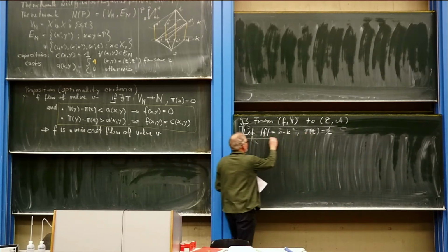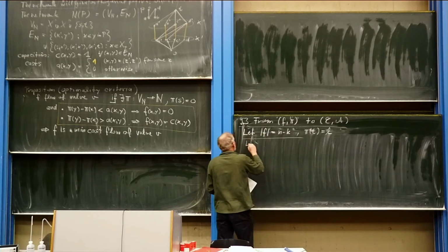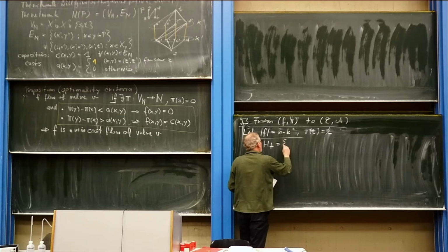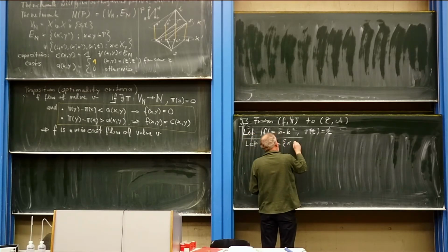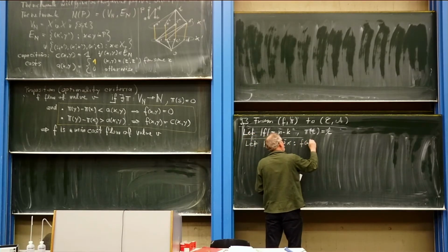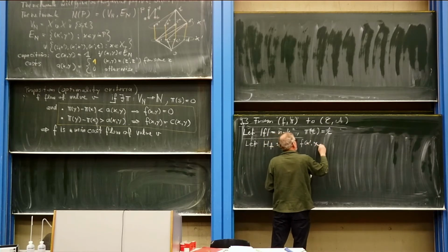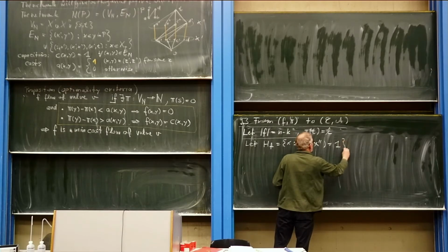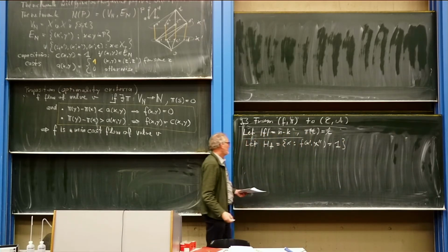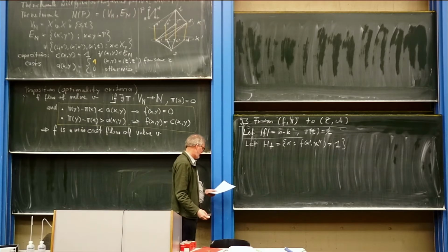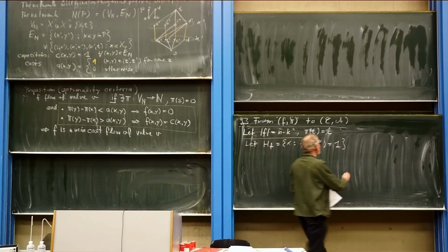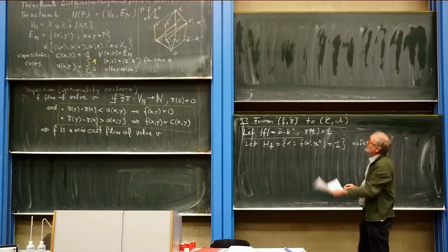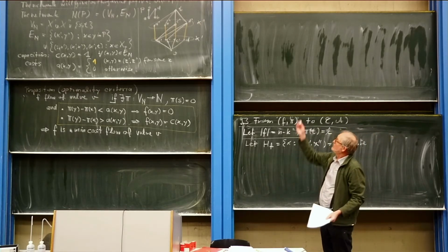Okay, so what we do is we consider the set of all vertices with the property that the yellow edge in the network is carrying the flow. This is h of f, and these are the only edges which have a cost.